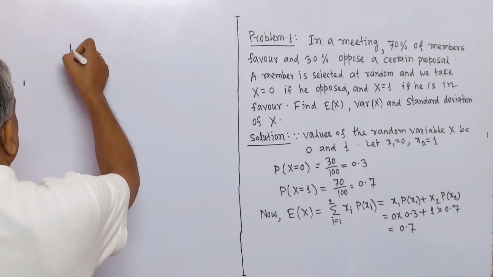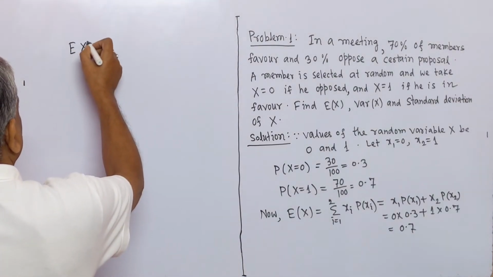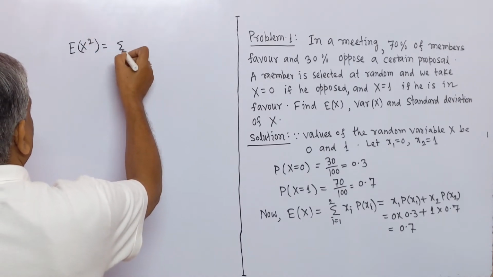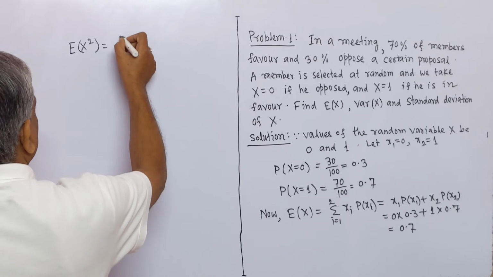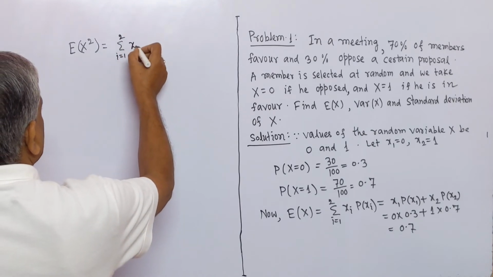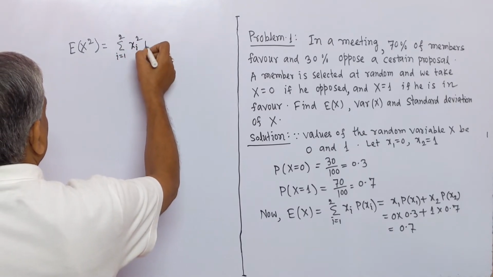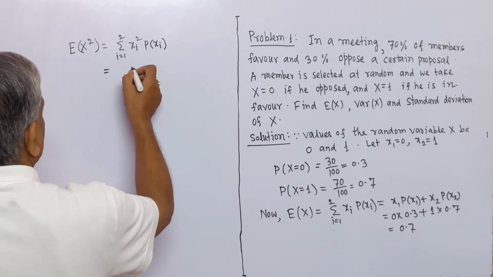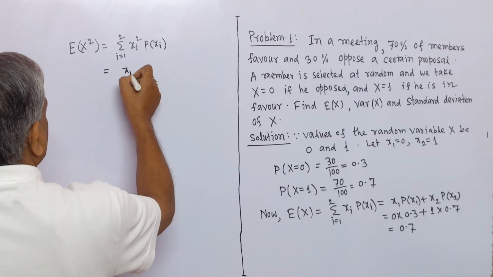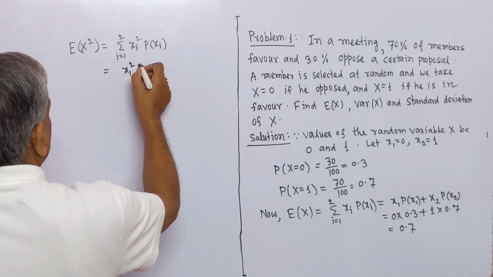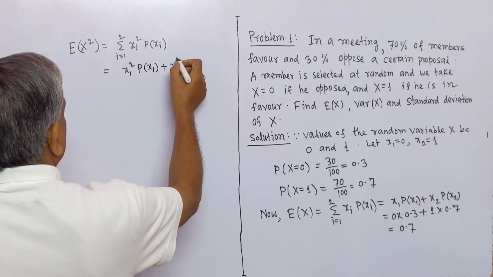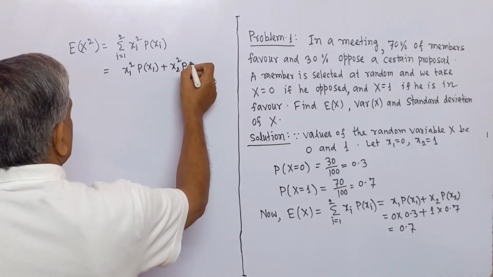Now E[X square] equal to sigma i equal to 1 to 2, xi square p(xi). This is equal to x1 square p(x1) plus x2 square p(x2).